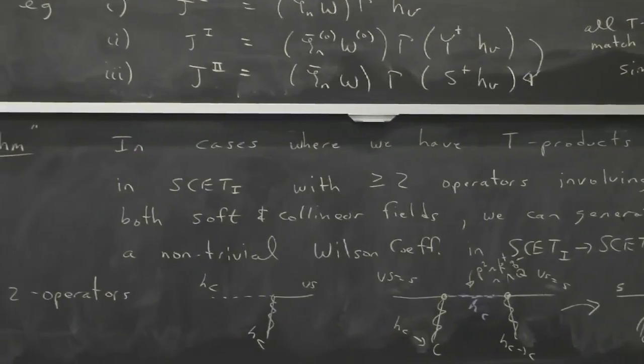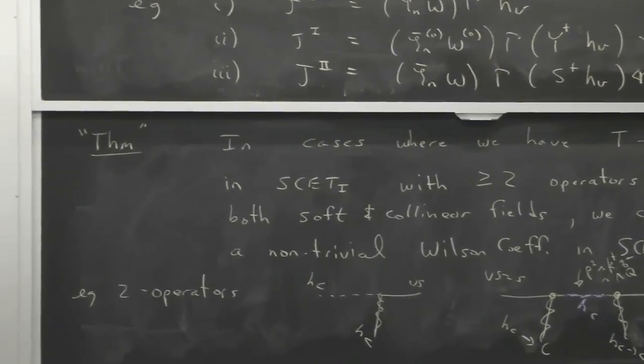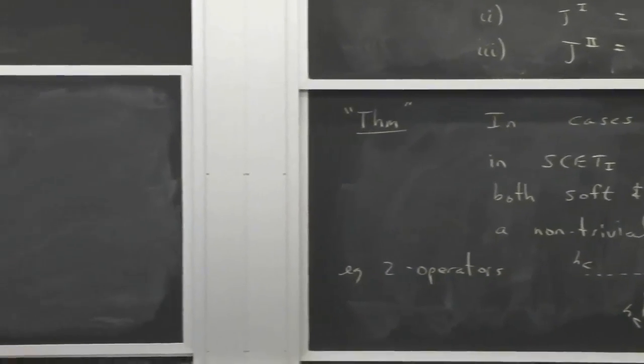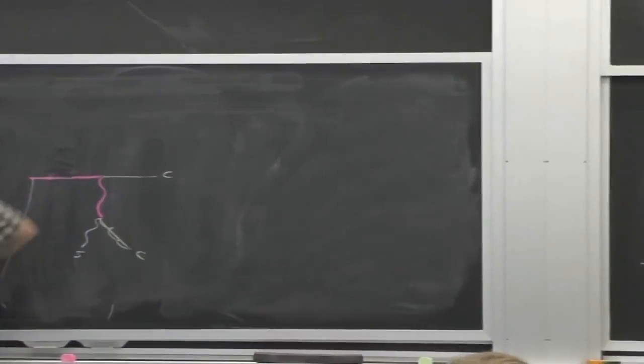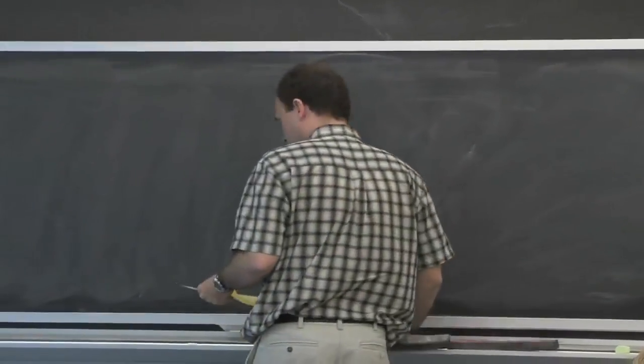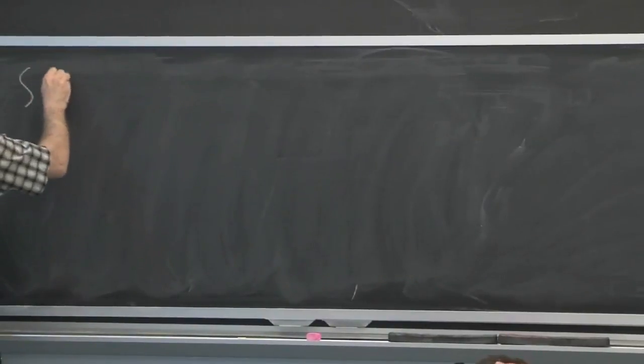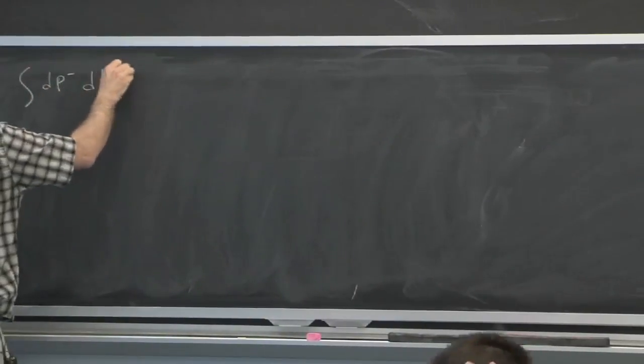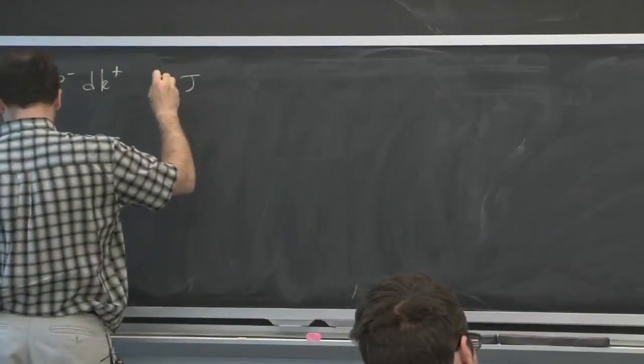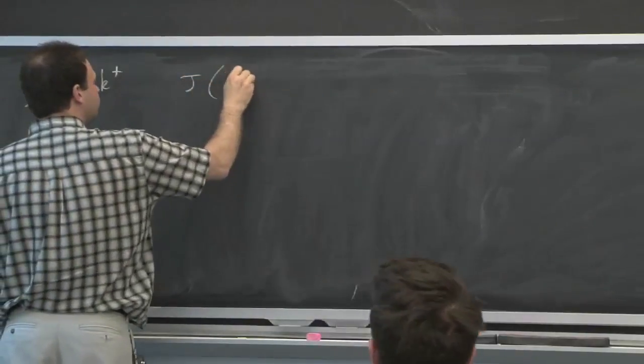So the kind of thing that you would get by doing that is that you would get convolutions with some Wilson coefficient.